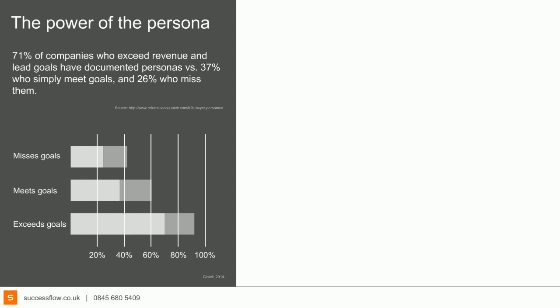But just to highlight the point, a study conducted by Sintel showed that 71% of companies who exceeded revenue and lead goals have a documented persona, versus the 37% who only meet their goals and the 26% that miss them completely. Personas are vital for knowing who your audience is and how to speak to them.